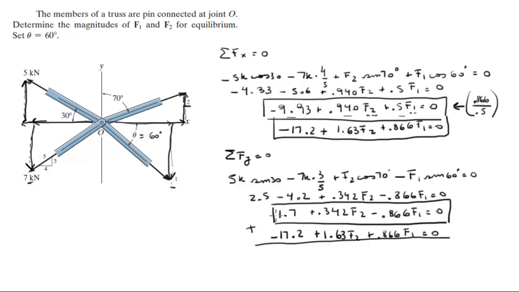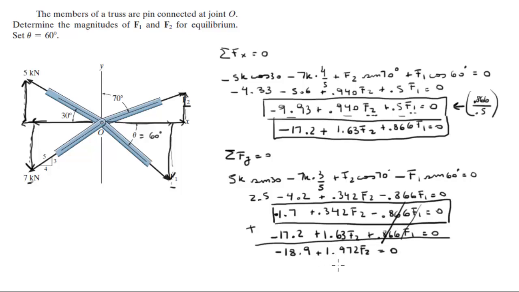This is actually negative 1.7 because 2.5 minus 4.2 is negative 1.7. So negative 18.9 plus 1.972 F2. Now minus 0.866 plus 0.866 cancel out. So this is all cancel out. So this is equal to 0.